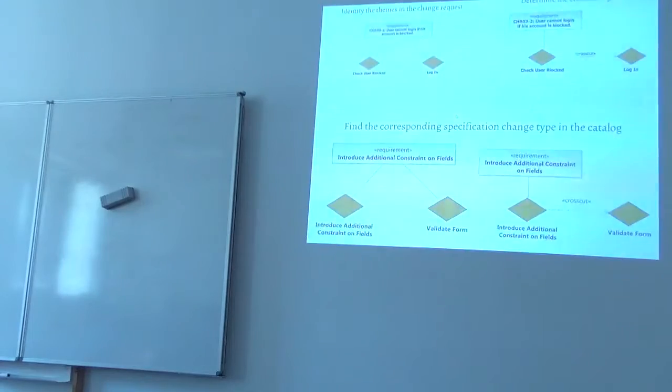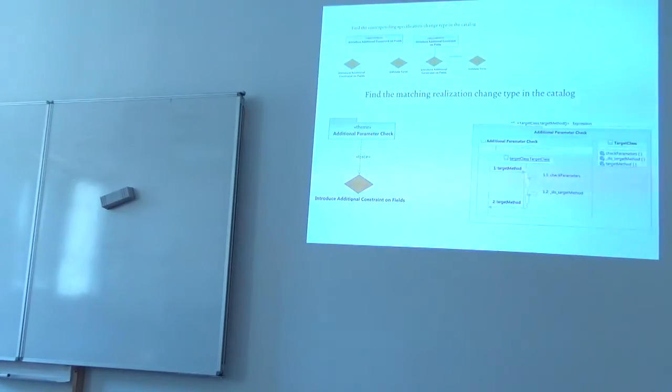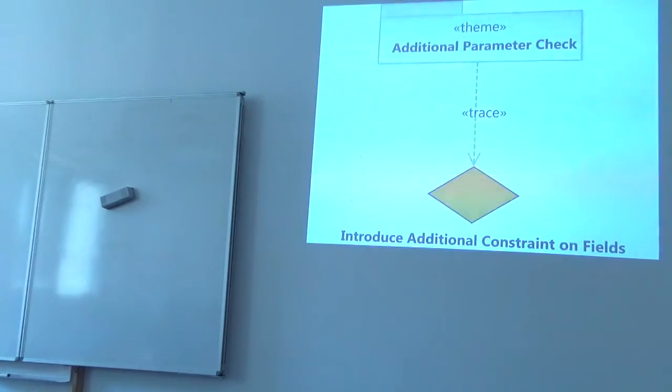So there is an additional scheme in ThemeUML that says that this is your solution. This is the recommendation. For this kind of change, this is the kind of change that you need to perform within your code. Additional parameter check. And this is the link that can be maintained in your catalog, the trace link.